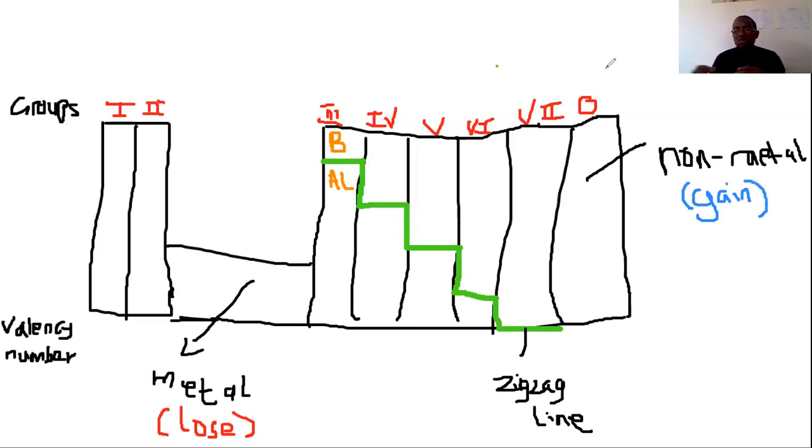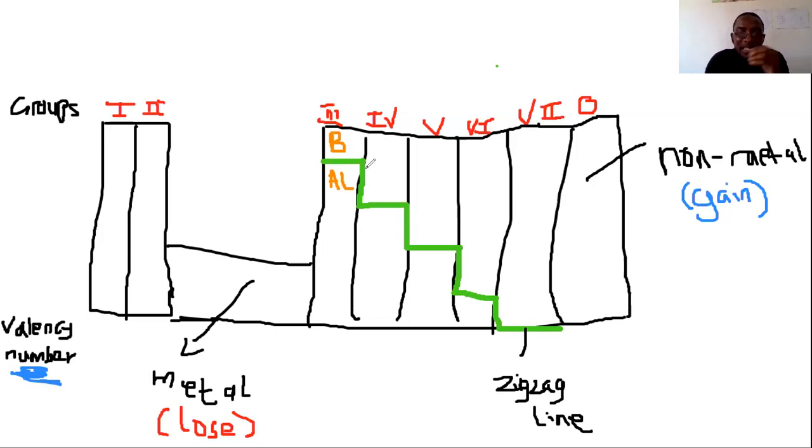The gaining is not unnecessary, but the gaining is according to the valency number, the combining power. So it's our responsibility to know the valency number of each respective group.